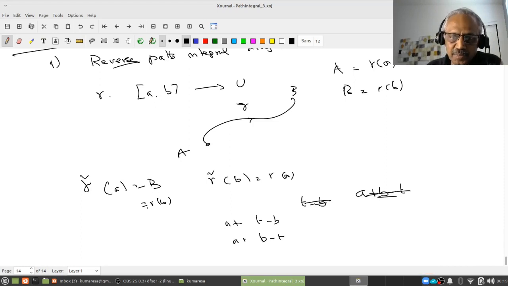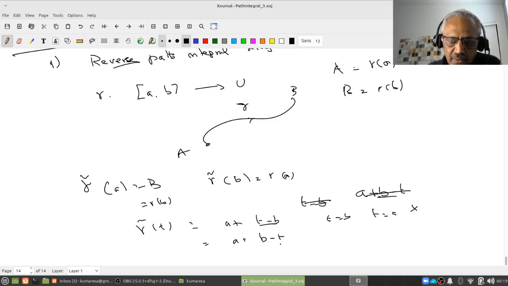So I may have to define gamma either this way or this way, which is correct, because when t equal to b, it's at a, but when t equal to a, this is 2a minus b, this is not correct.